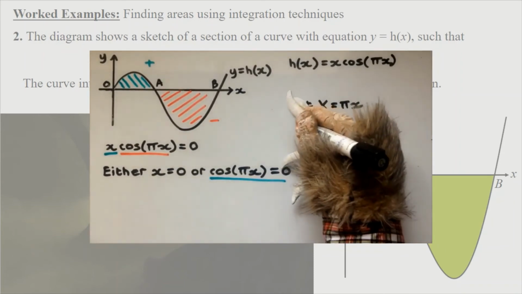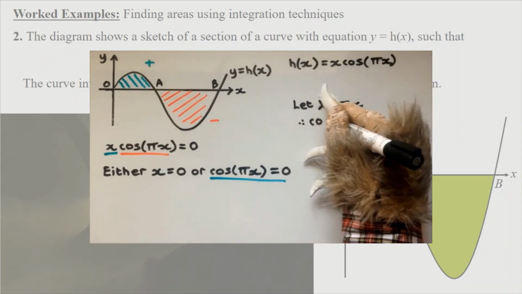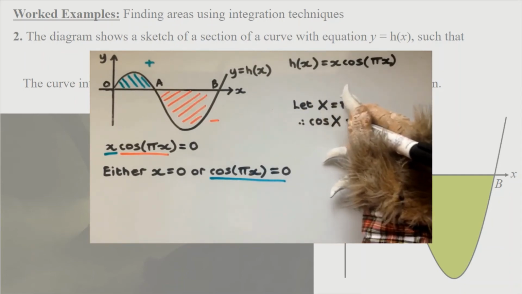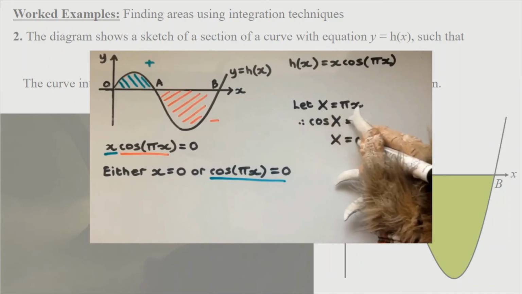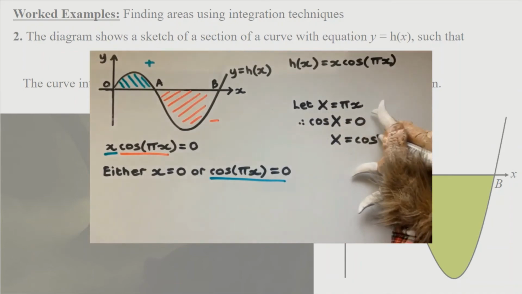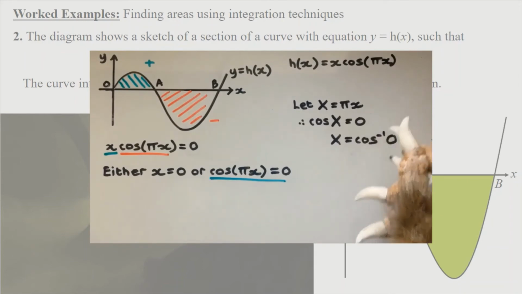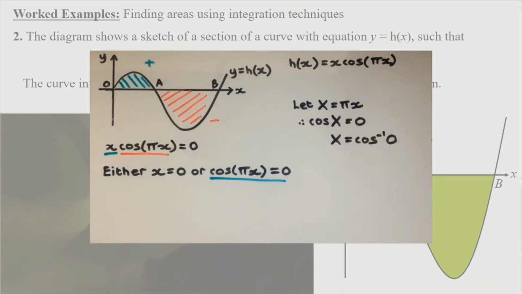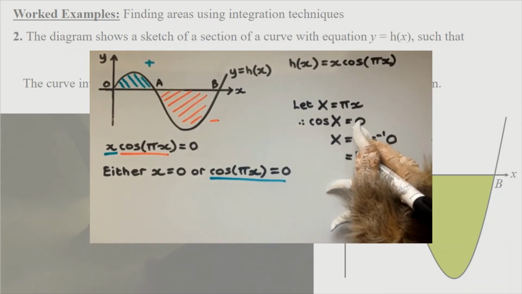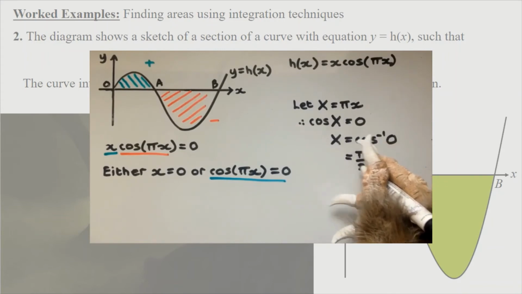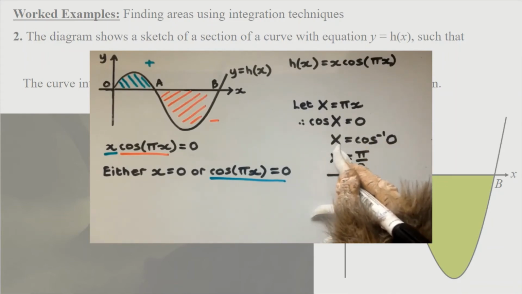So therefore, cos of big X must equal 0. So big X is the inverse cosine of 0. Now what this means is that this is going to be my principal angle. So if you do that, you're going to get pi over 2, 90 degrees in old money. So this is your X.